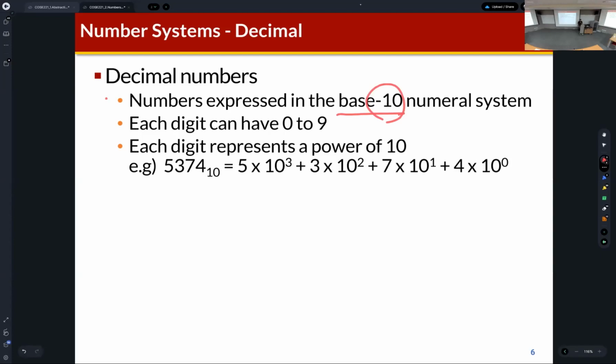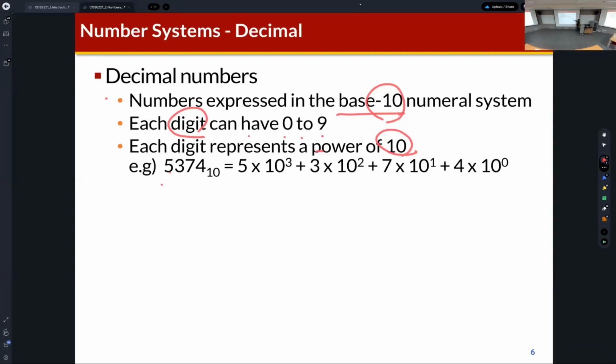What does that mean? Base 10 means that each digit can have 0 to 9, right? It's a kind of elementary school course. It's just counting. So each digit can have numbers from 0 to 9, and each digit represents a power of 10. For example, take 5,374.